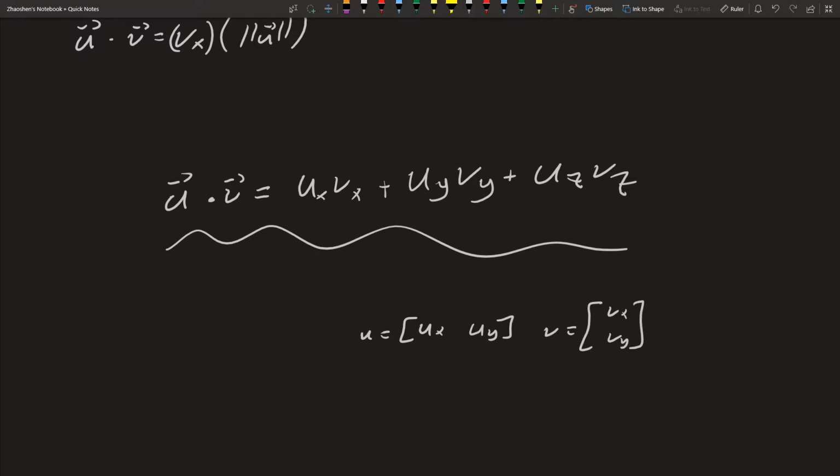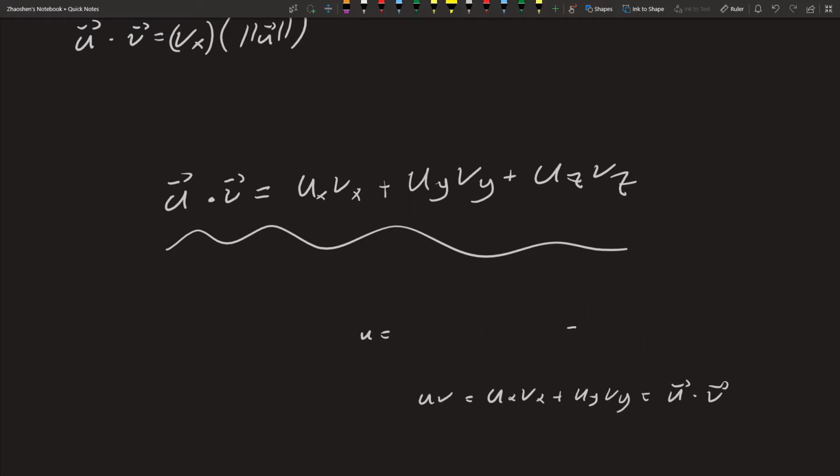If I multiply those two matrices, you will get uxvx plus uyvy, and this is simply equal to the vector u dot product vector v, right? So it has something to do with matrices and how you can transform the coordinate axes, but I don't want to get into this, okay? This is for people who want to know more about it.